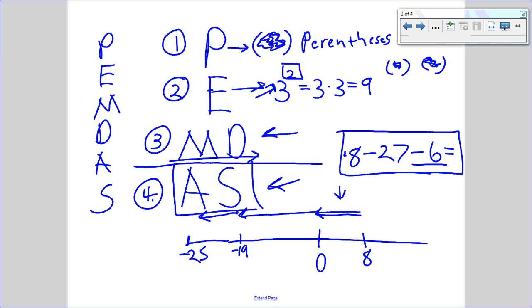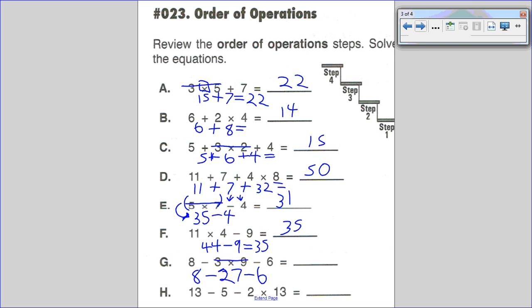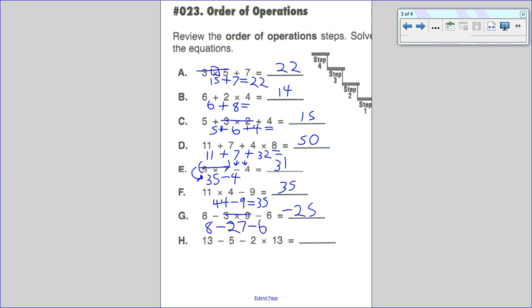Be right here. So, that is the answer to that question. That's a negative 25. Okay? And I want you to start thinking in terms of the number line and using the number line until you get used to integers, which can take a while. But the number line, you cannot go wrong with the number line.